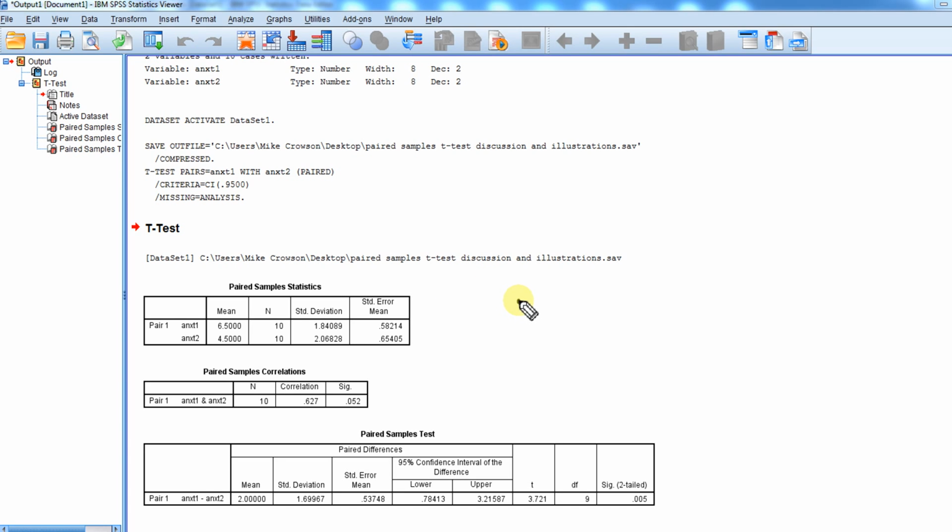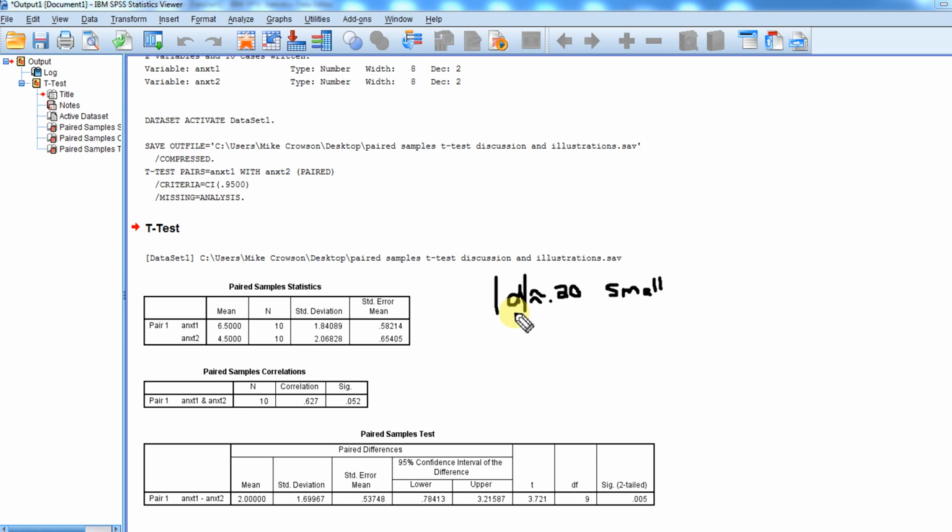He suggested d values around 0.20 or less would be considered a small effect. Mind you, if you happen to have a negative value, the d value will obviously be negative, so we're taking the absolute value of the d value.